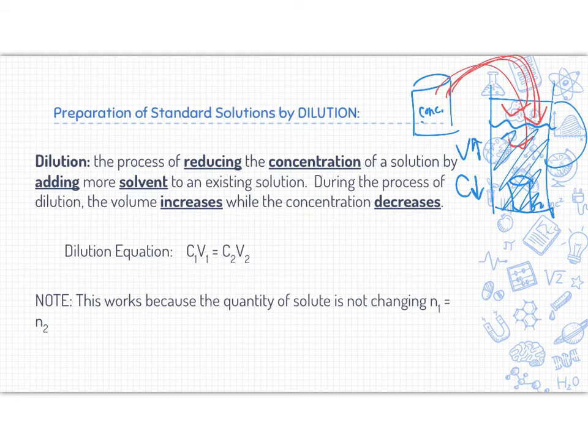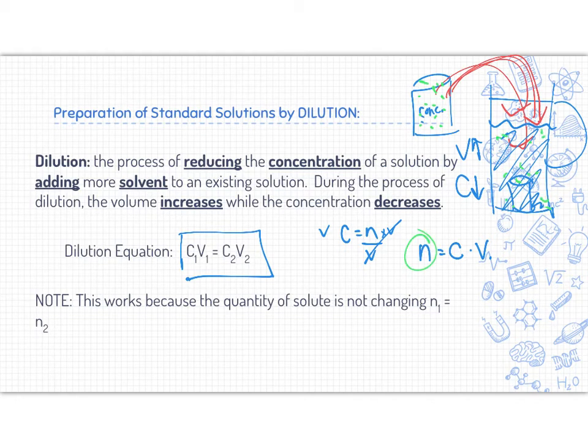So the dilution equation is C1V1 equals C2V2. It comes from our C is equal to N over V formula. If I rearrange and I multiply V to both sides, I get that N is equal to C times V. Now note that the number of moles of juice concentrate over here is still the same as the number of moles of juice concentrate within my pitcher.